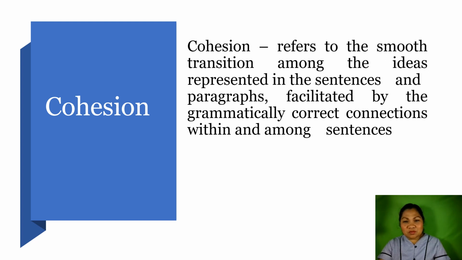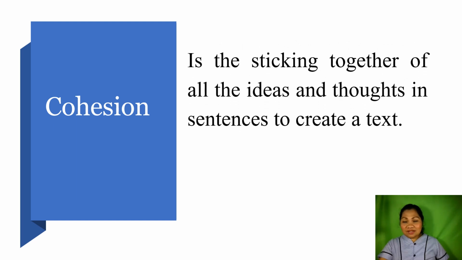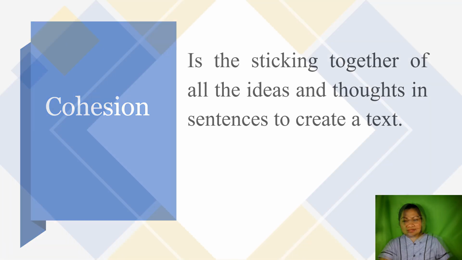Cohesion refers to the smooth transition among the ideas represented in the sentences and paragraphs, facilitated by the grammatically correct connections within and among sentences. Also, cohesion is the sticking together of all the ideas and thoughts in sentences to create a text.